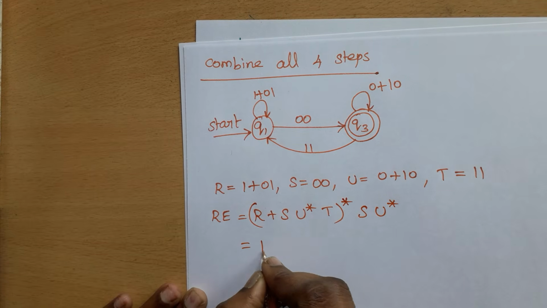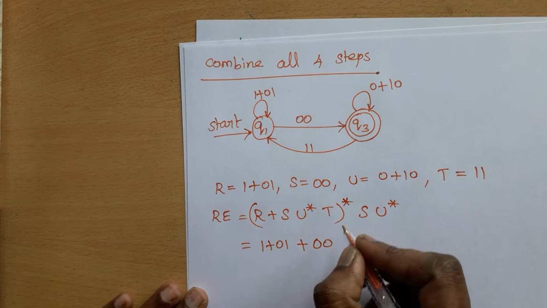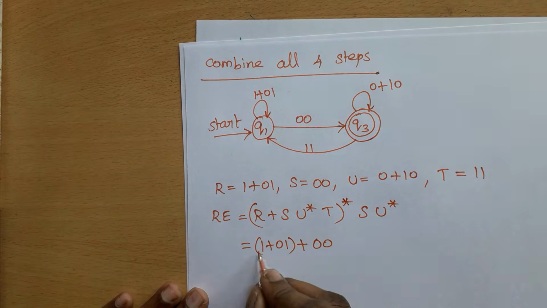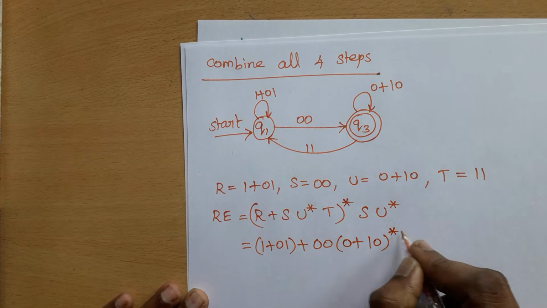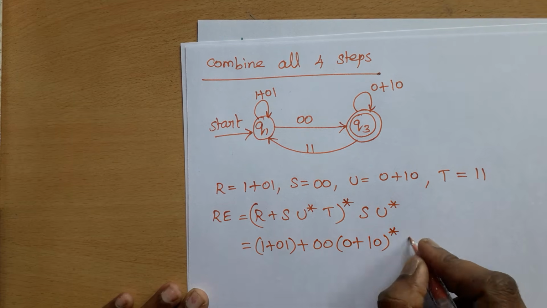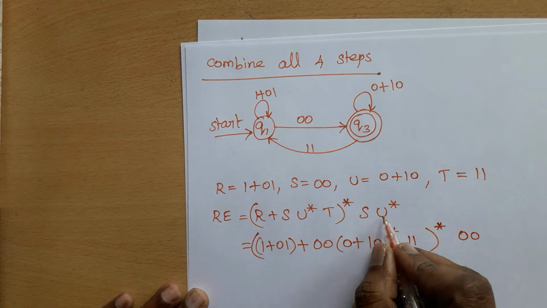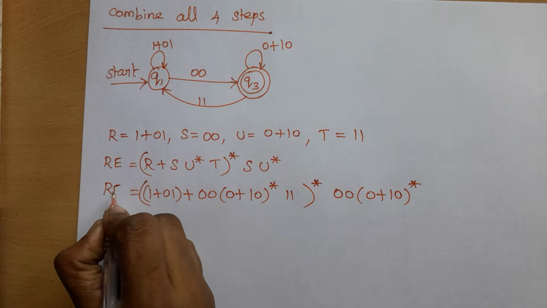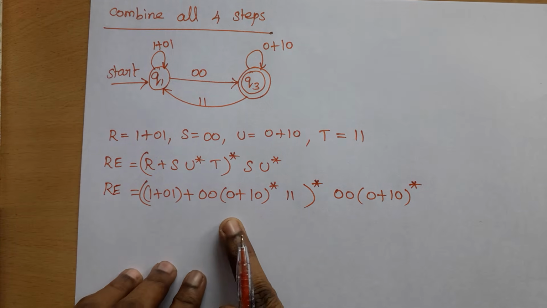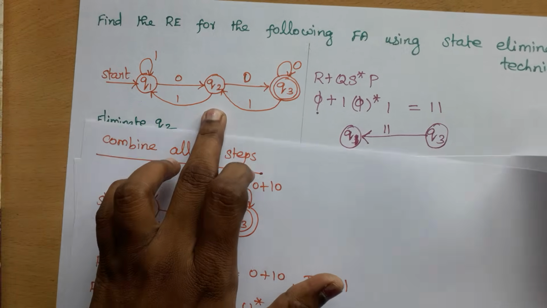So 1 plus 0 1, plus S is 0 0, U is 0 plus 1 0 star, T means 1 1, the whole star, then S 0 0, then U star, 0 plus 1 0 star. So this is the regular expression equivalent to the given DFA. Thank you.